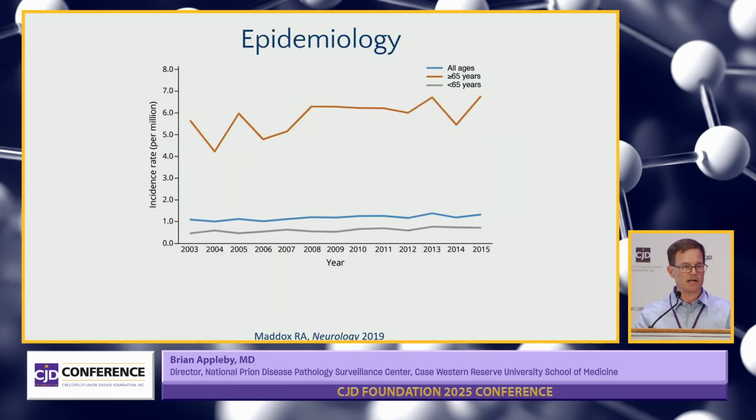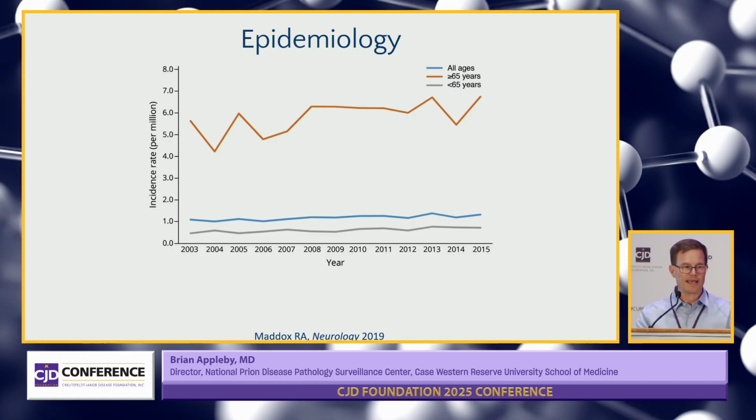Moving on to epidemiology. Epidemiology is the study of how frequently an illness affects a certain population. Everyone has heard the 1 in a million number. That's a public health statistic that states the number of new cases of prion disease that happen every year across the entire population. However, it's important to know that CJD doesn't affect all age ranges equally.